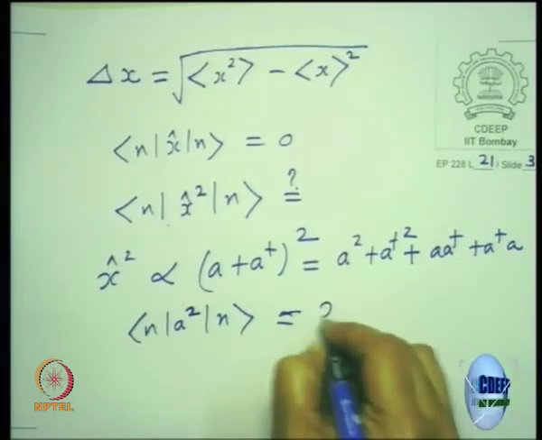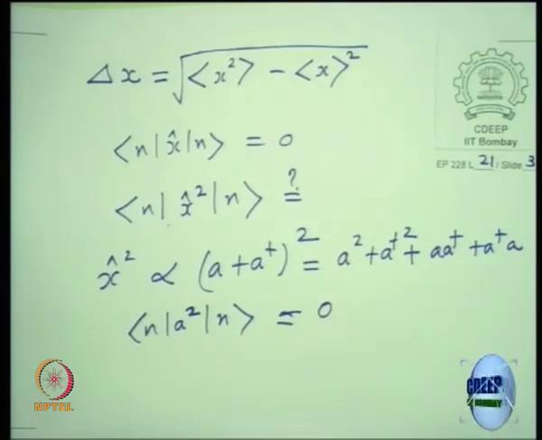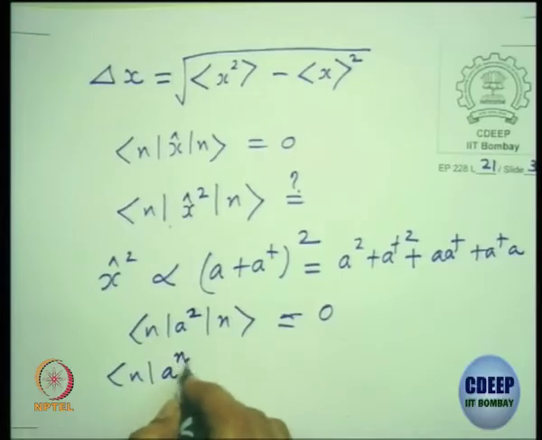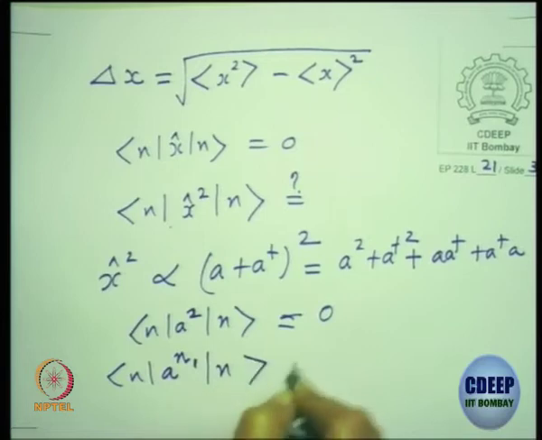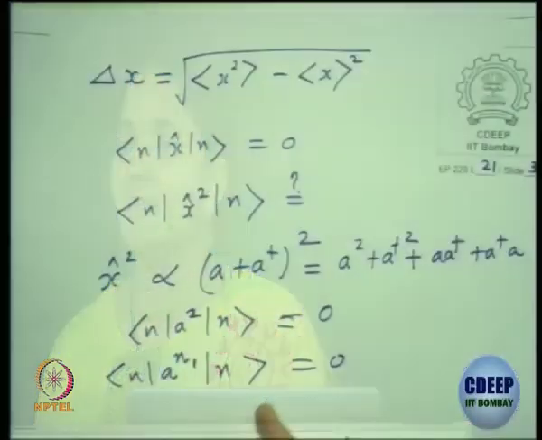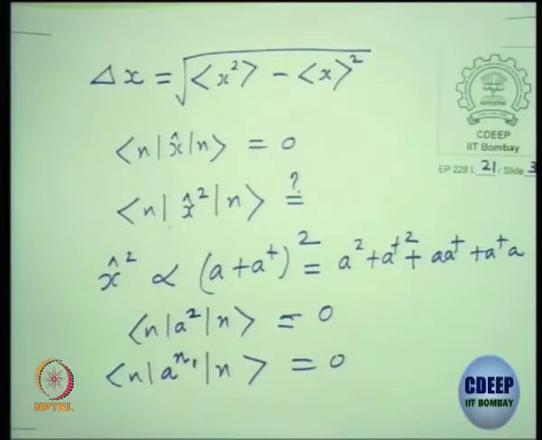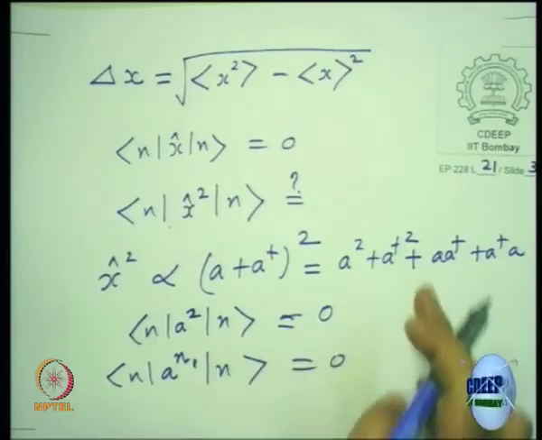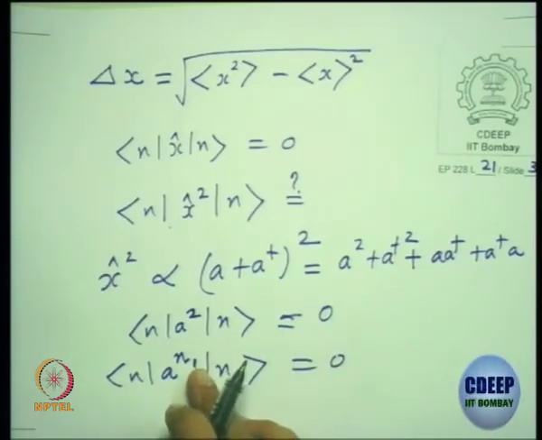In fact, matrix element of any power of ladder operator is always 0. You agree? The reason is that it is going to lower the state, and when you take the inner product, these are orthogonal states, so it's going to be 0. Is everybody with me? So the first term expectation value is 0. Second term expectation value is 0.